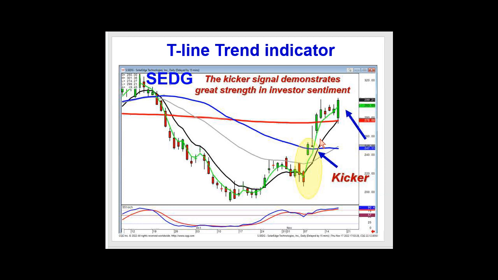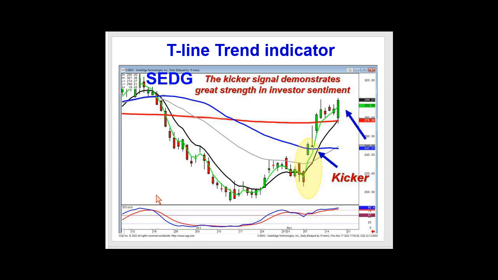We went after Sedge because there was your kicker gap up off the T-line through the 50. Then they kept gapping it up. And then today was kind of a squeamish day in the market. But look what Sedge was doing. After it came down and hit the T-line and the 200, they bounced it right back up again. What's that implying?